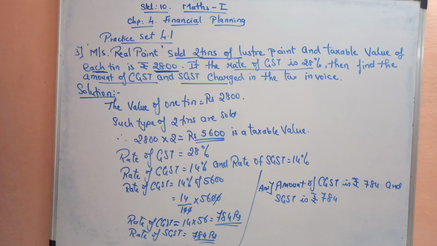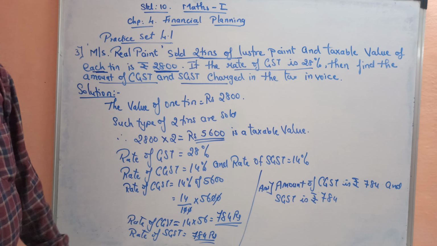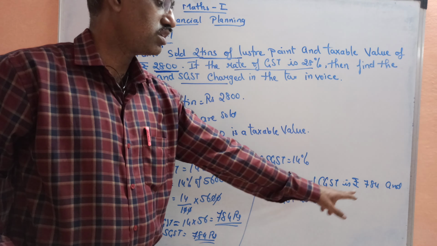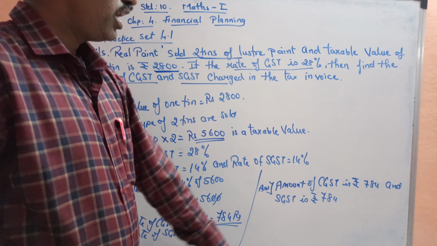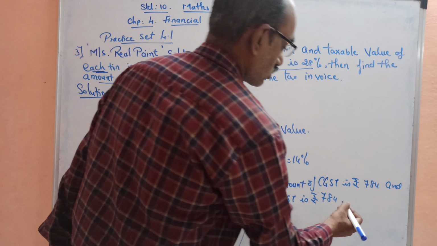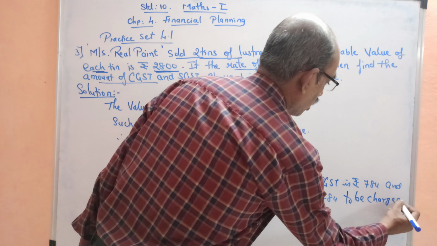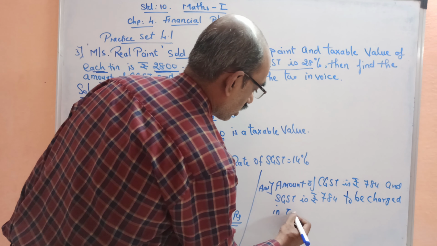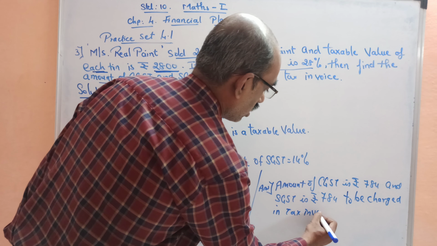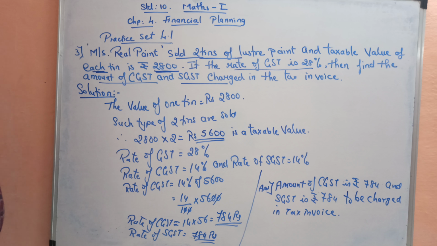So they have told us charged in the tax invoice. So the amount of central GST is 784 and state GST is 784, to be charged in the tax invoice. This is what you have to write. I hope you have understood this.